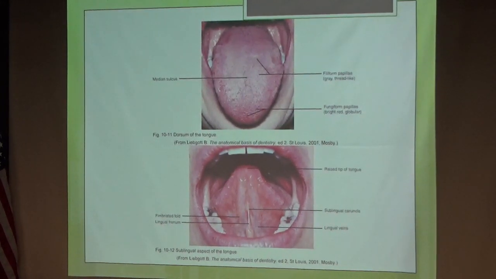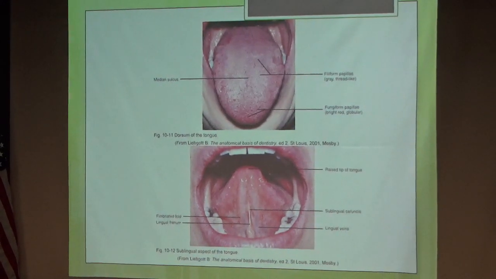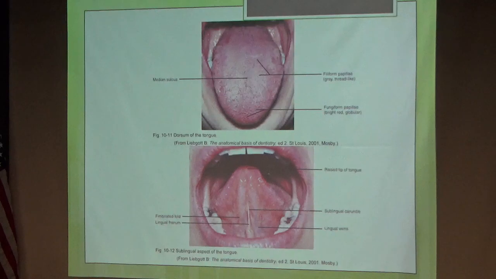Now everybody listen carefully. This is where it gets confusing for students sometimes after they leave lecture and they're trying to register everything that was said, or everything they read. The tongue is not referred to as lingual. The tongue is the tongue is the tongue. The tongue side of the mouth is lingual. Okay, so we've learned a couple terms.